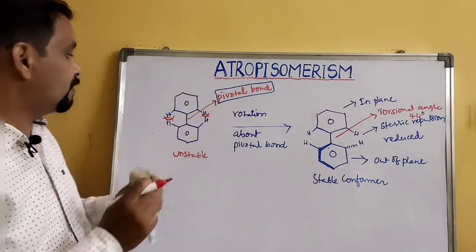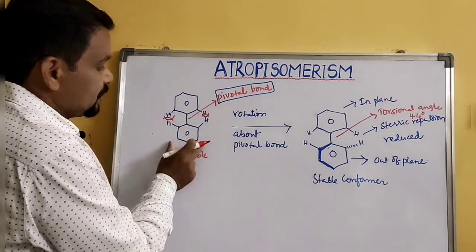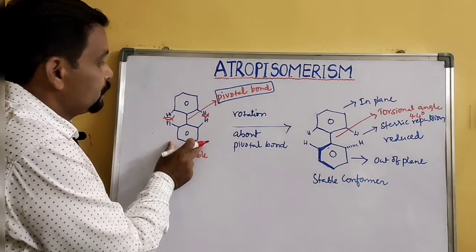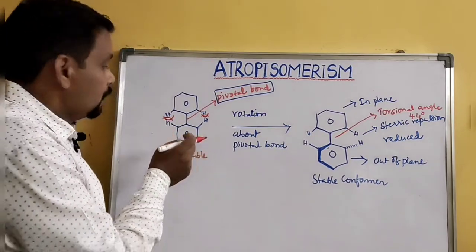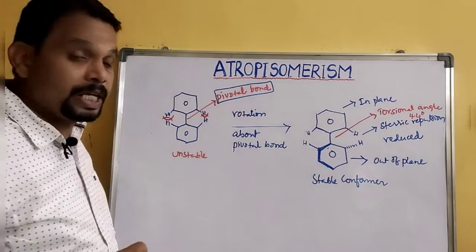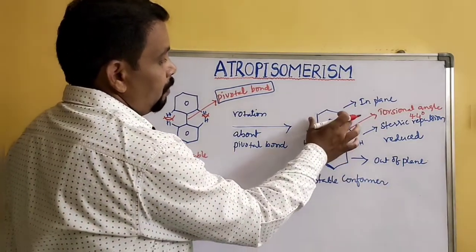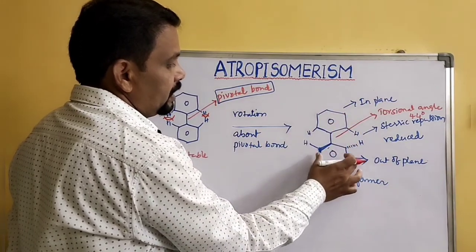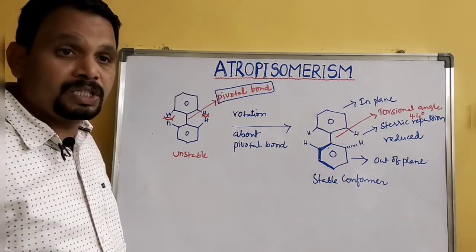Because of steric repulsion, the planar conformer is unstable. Therefore one of the rings rotates about this pivotal bond and produces this stable conformer. In this stable conformer, one ring is in one plane and the other ring is out of plane, that means they are perpendicular to each other.